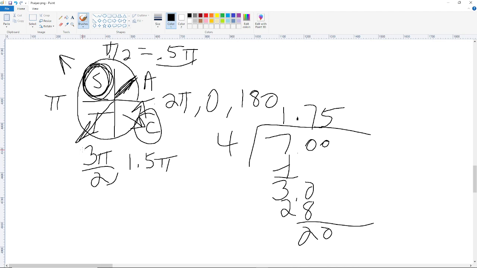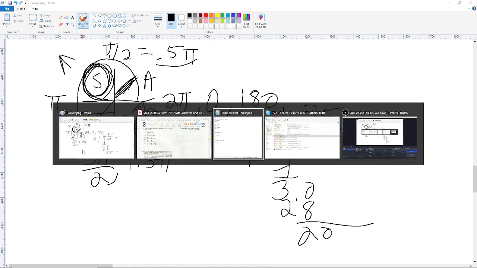That means it's not clear at all. Clear as muddy water, this is what the nuns used to say. Clear as muddy water means so-so, and then clear as water, you see it crystal clear. Well, if it's not crystal clear, rewind the video again and watch it. Or go to the internet again, to YouTube, and look up the unit circle. But this is a good example of a unit circle question.